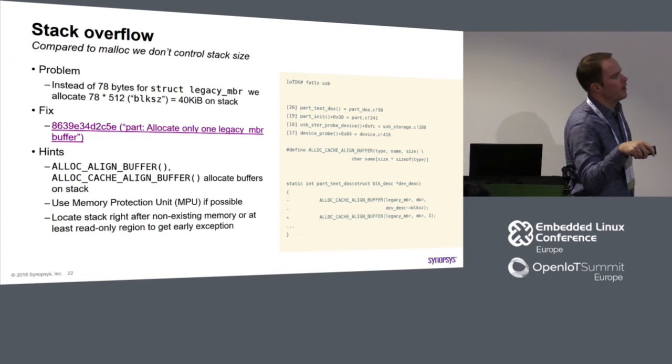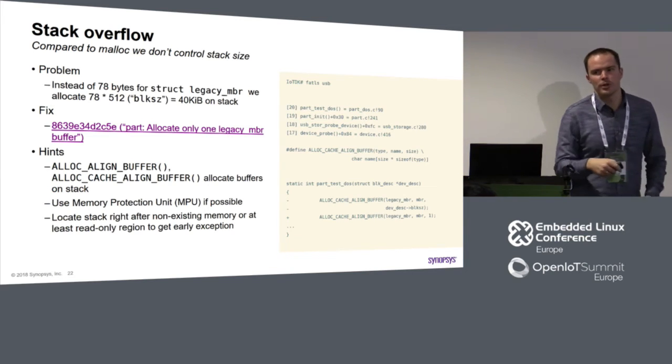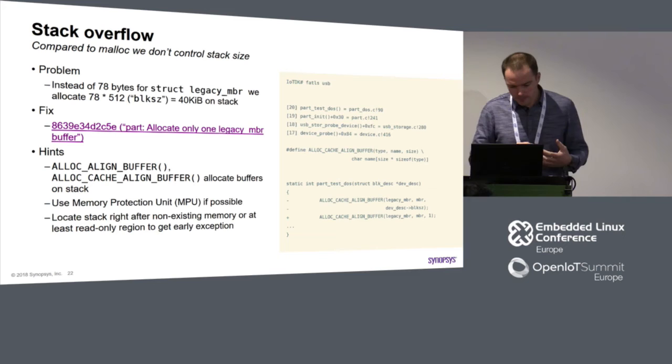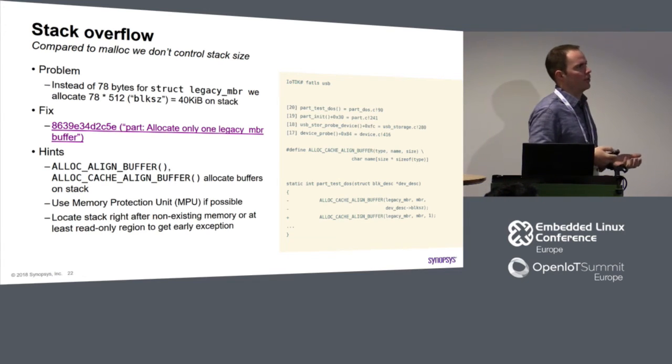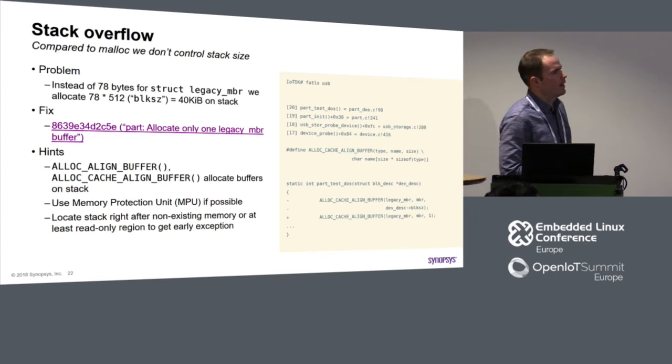But if we look at that function a little bit down, we see that what we actually want to do is just see the file system magic number, which occupies a couple of bytes. We don't actually need 40 kilobytes here. And when I took a look at the Git history, I understood that there was a previous fix that changed the allocation function from something else, and the semantics of that function was different.